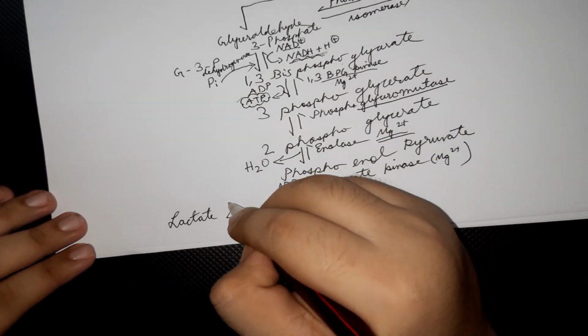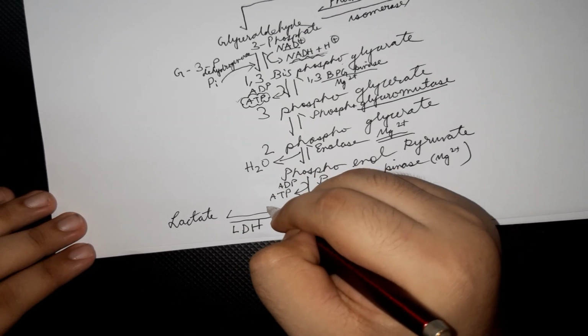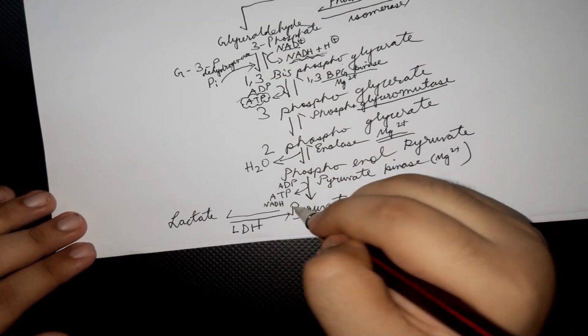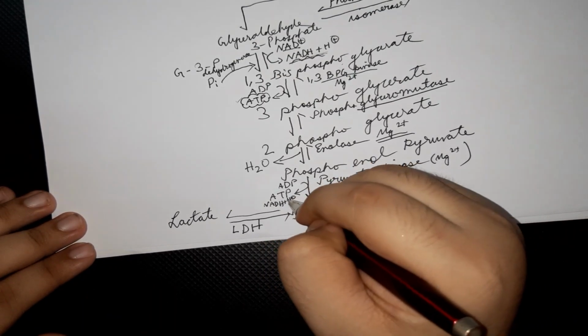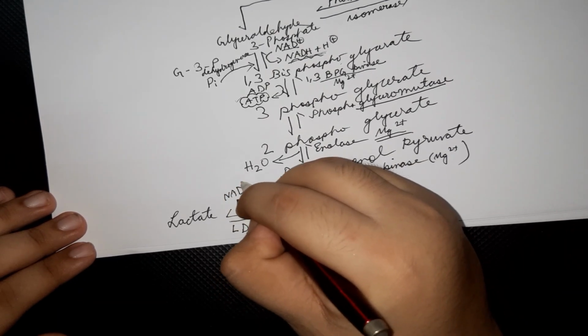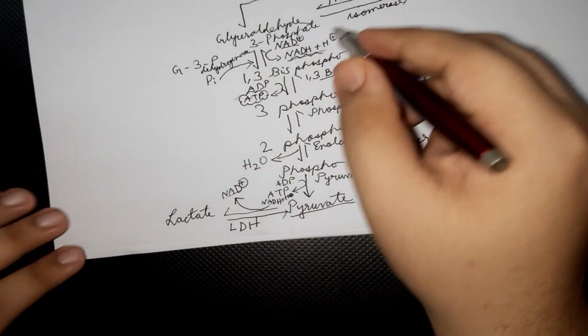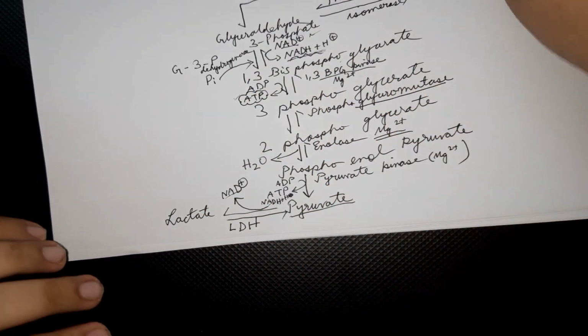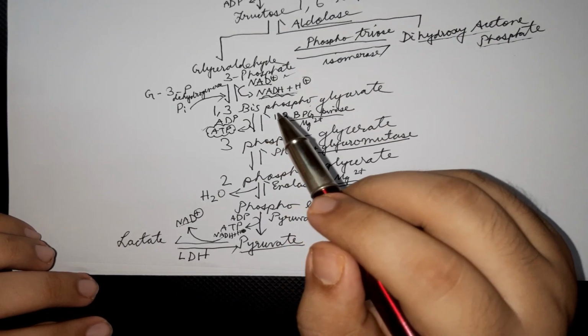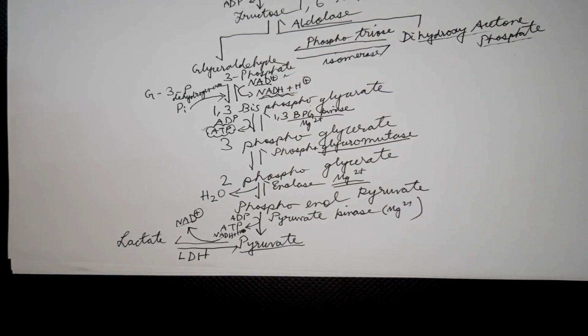That is, the formed NADH plus H plus will be converted to NAD plus. And that NAD plus will again be reutilized over here. Done. So that completes just the basic fundamental framework for glycolysis. The basic foundation for glycolysis has been laid.